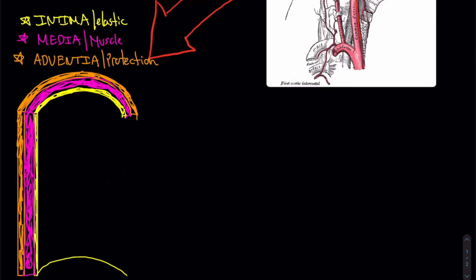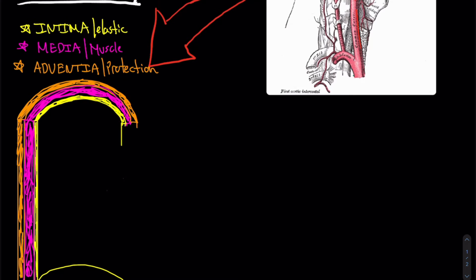I said before that it's a condition where the layers of the carotid artery get separated. So what's going to happen is we're going to have the intima layer here, the elastic layer right here, and then something's going to happen to it. The media is still going to be okay.